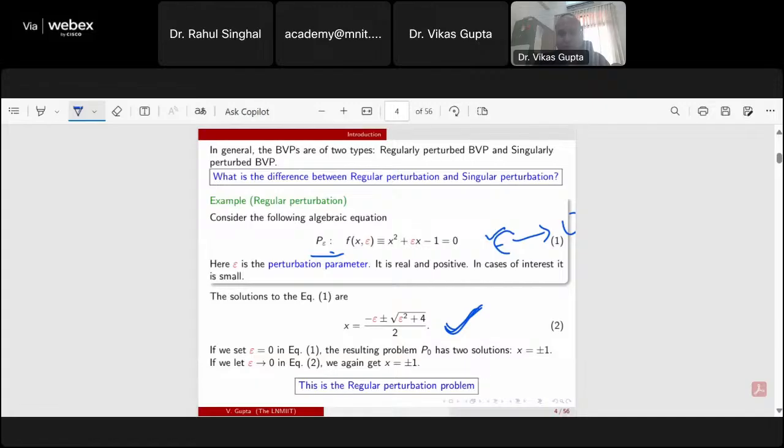That is, the solution continuously depends upon the small perturbation parameter epsilon, and there is no change in the solution in both cases. So this is an example of a regular perturbation problem.